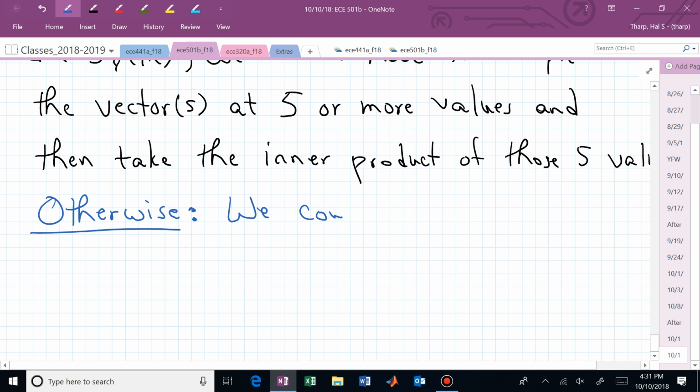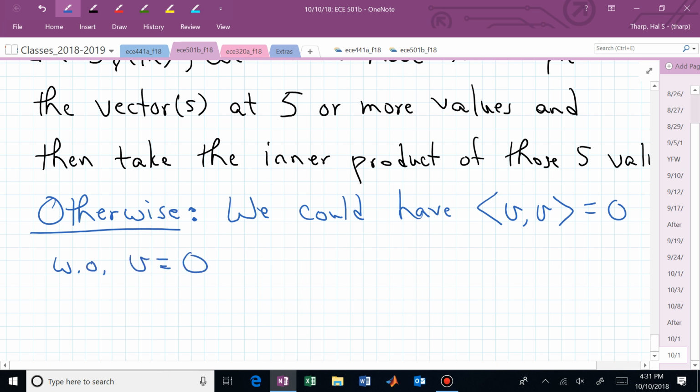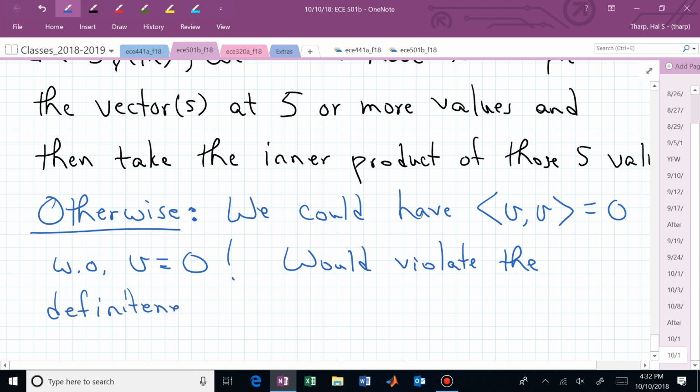Otherwise, we could actually have an inner product, let's say V with itself, equaling 0 without V being identically equal to 0. So we would violate the definiteness property of an inner product.